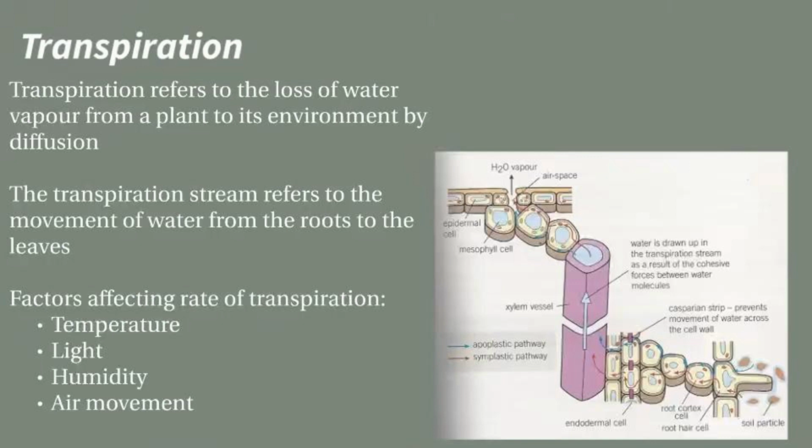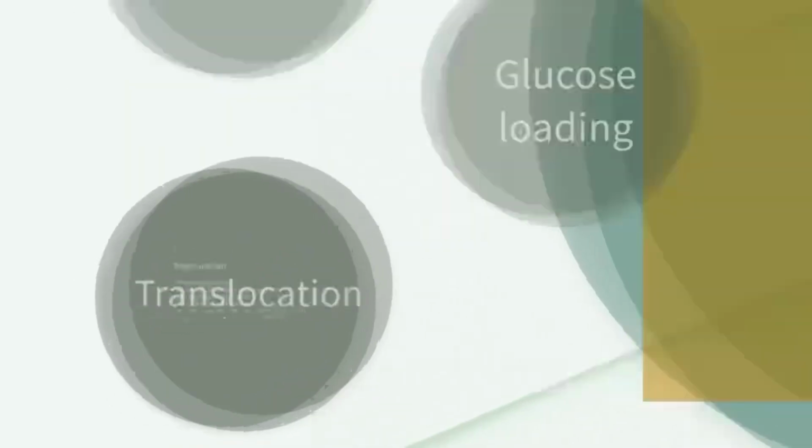So hopefully that makes sense. What you've got to remember here is that there's a continuous stream of water that goes from the roots right up to the leaves where it is lost, and this continual loss of water is what continually drags water into the plant.